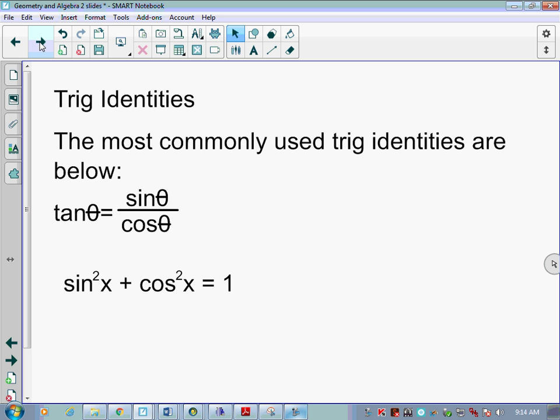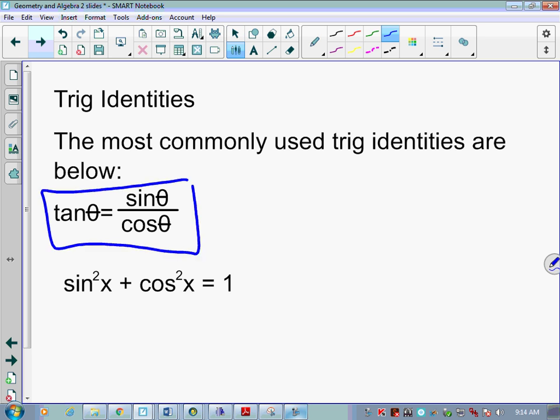And so this first one we've already discussed. Tangent theta equals sine theta over cosine theta. The second most used is sine squared plus cosine squared equals 1.